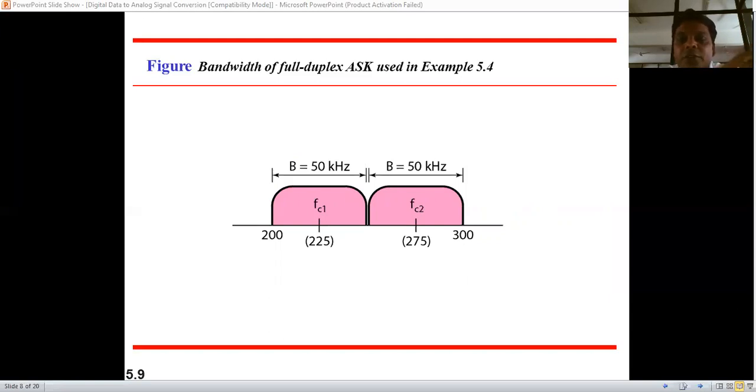The figure shows the position of the two carrier frequencies and the bandwidth, and hence the available bandwidth for each direction is now distributed as 50 kilohertz, which leaves us with a data rate of 25 kilobits per second in each direction.